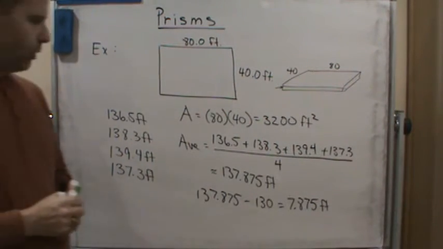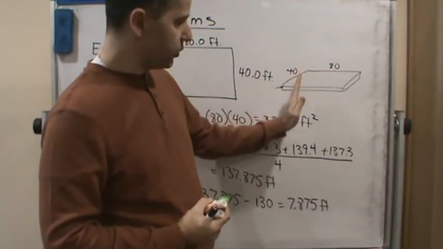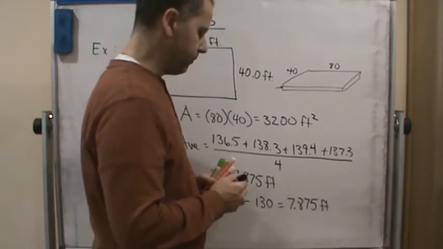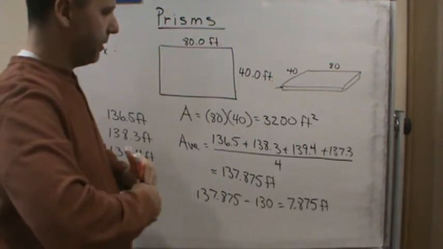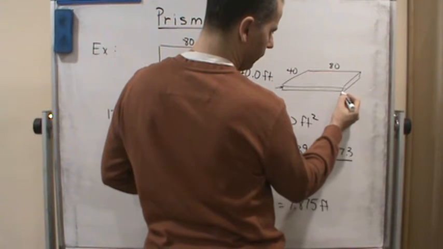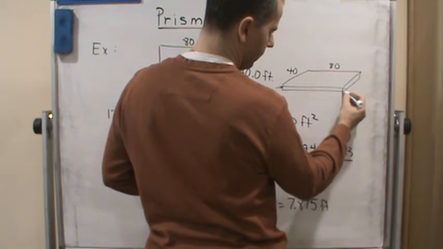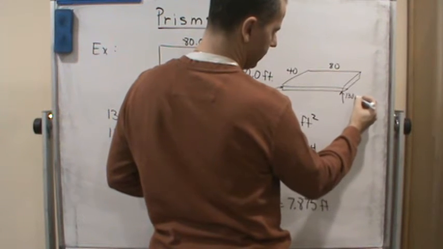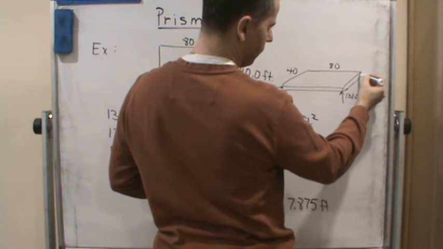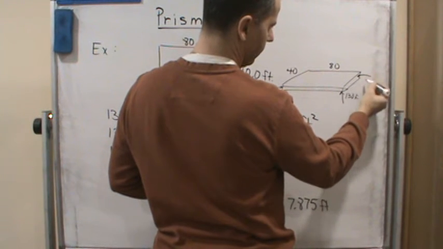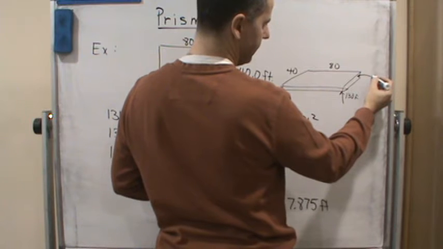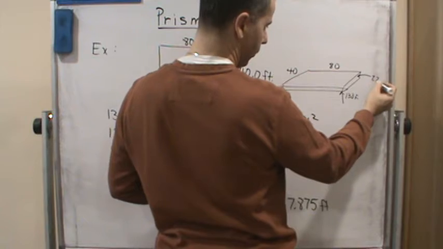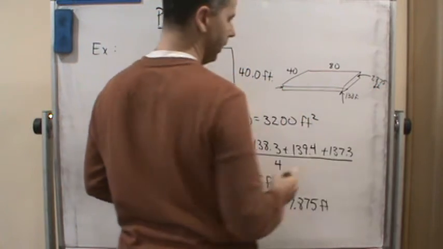This represents how much more dirt we have on average than at the benchmark. This right here is at 130 feet, so this extra height is the amount of dirt that we're going to remove, which is on average 7.875 feet higher.